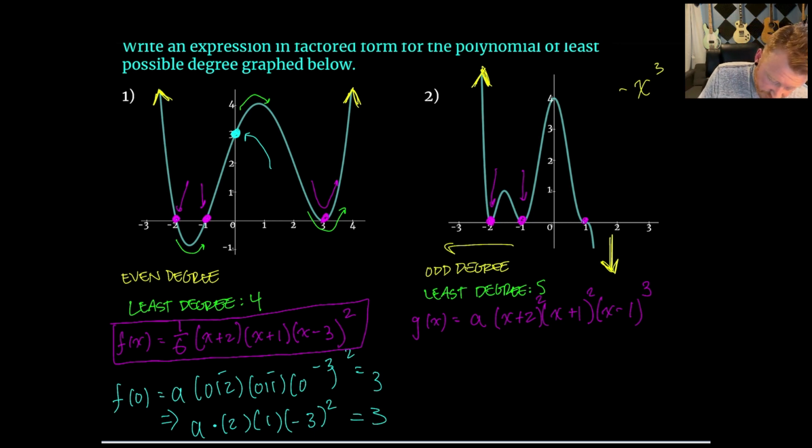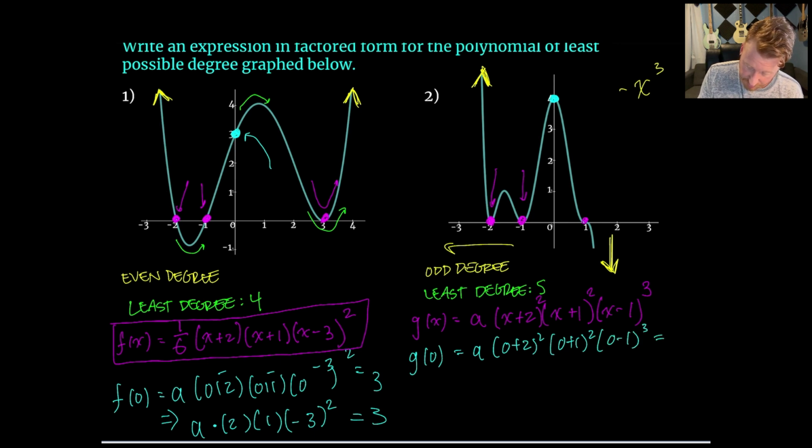So now if I want to find what that value of a is, again, we'll use what our y-intercept is, which is up at 4. So I know that g of 0 is going to be equal to a, 0 plus 2 squared, 0 plus 1 squared, 0 minus 1 cubed is equal to 4, since I know g of 0 is 4.